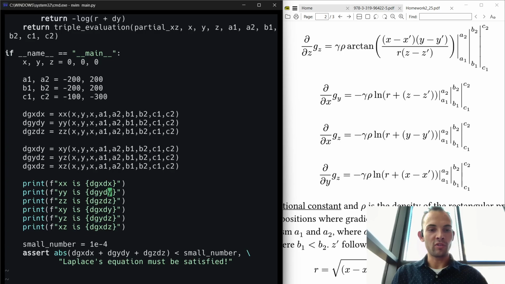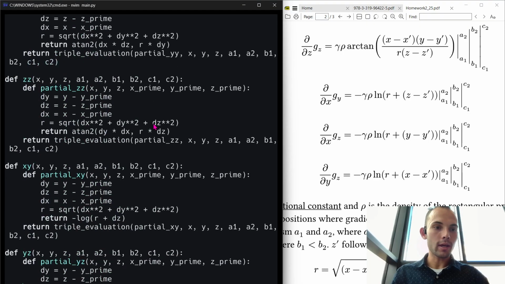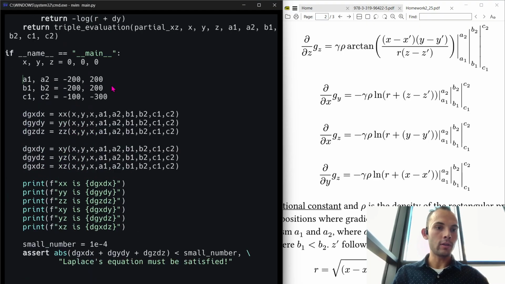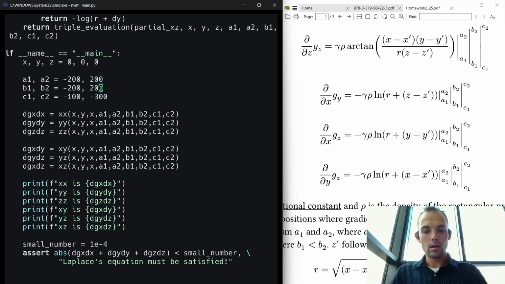Let's just move forward and see if we're wrong at the end. That's how you're supposed to code, right? If it doesn't crash, we're probably all right. Okay, but now we've evaluated the full tensor at each point, and we've confirmed Laplace's equation is satisfied, at least right there.